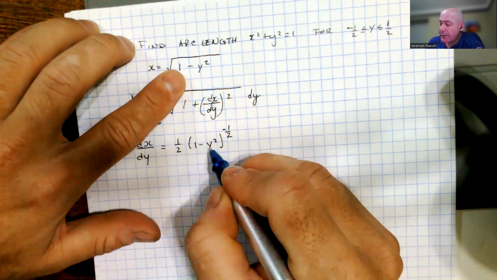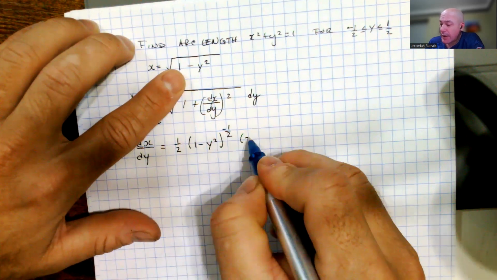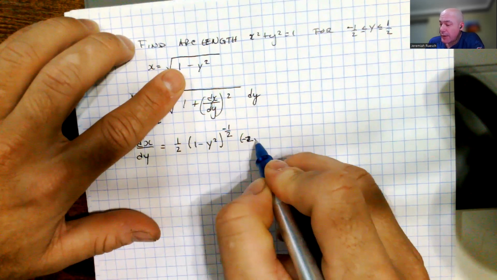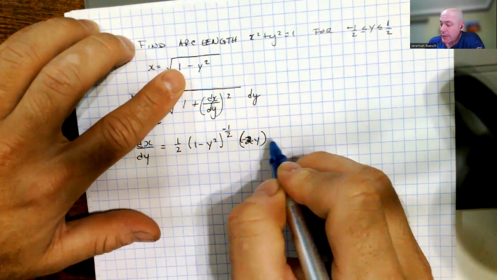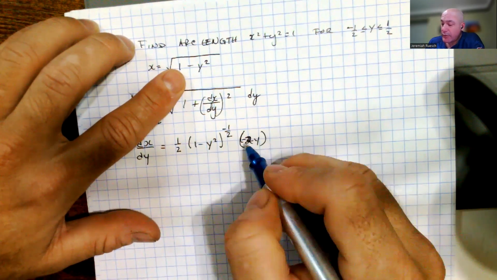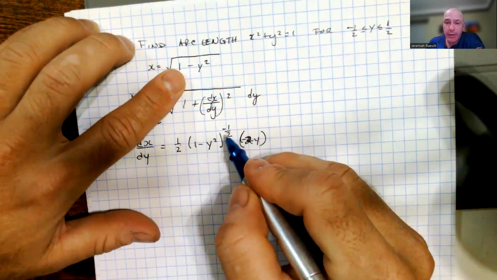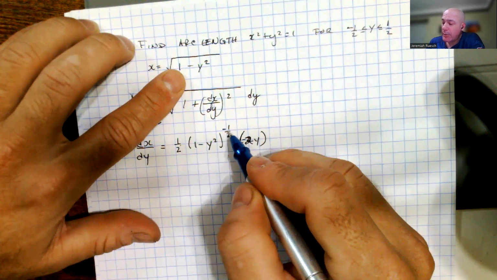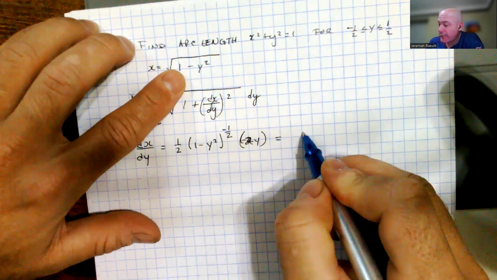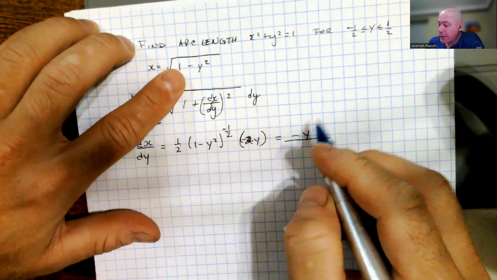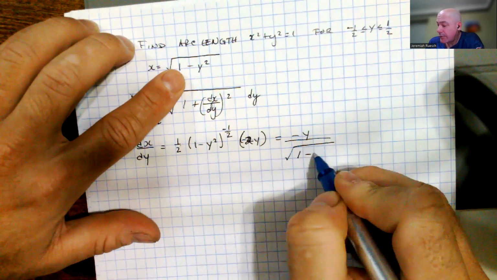Then taking the derivative of the inside gives me a negative 2y. The negative 2 and the 1/2 will cancel, and to clean up the negative power on the exponent, bring that downstairs. So this simplifies pretty nicely to negative y over the square root of 1 minus y squared.